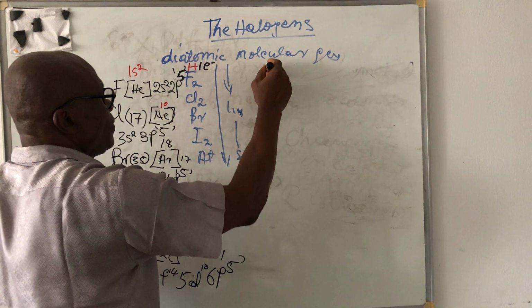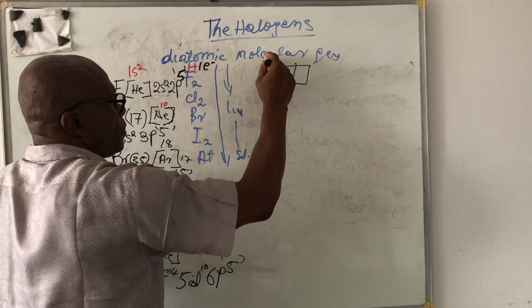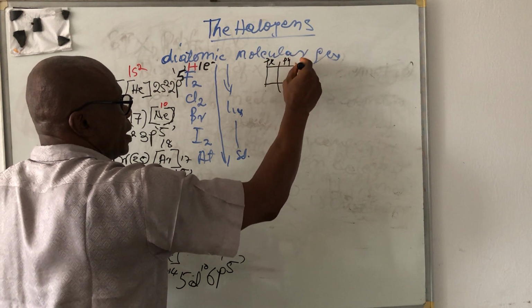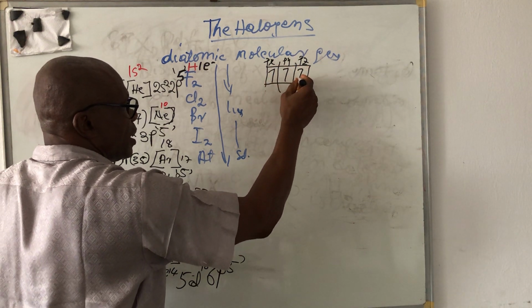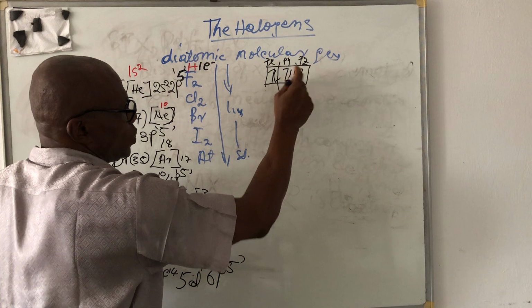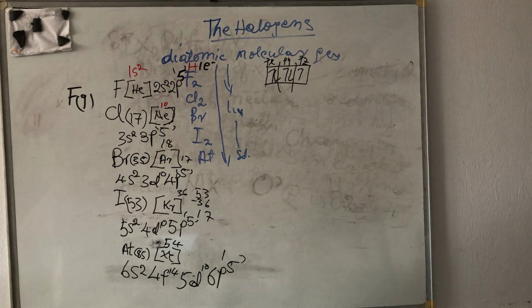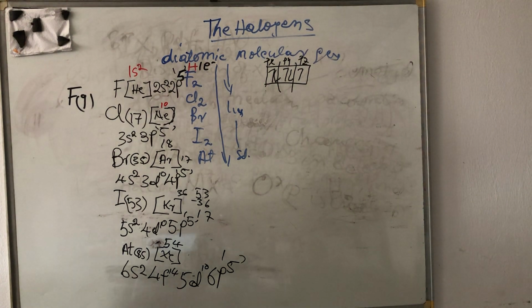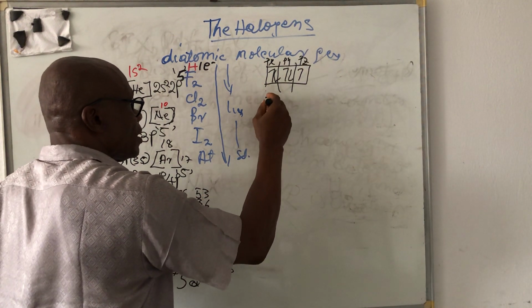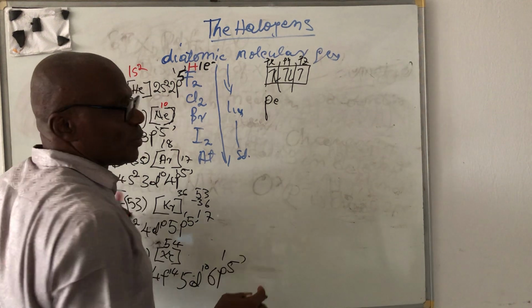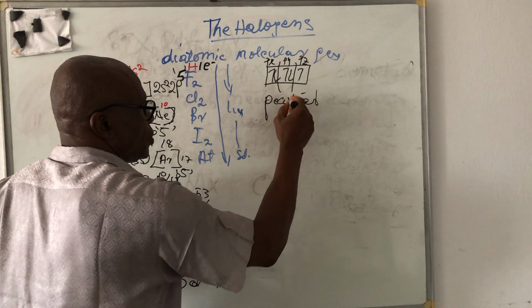It implies that if you draw the px, py, and pz orbitals, you realize that you have a single electron that is not paired. For this reason, we say that they show peculiar coloration.